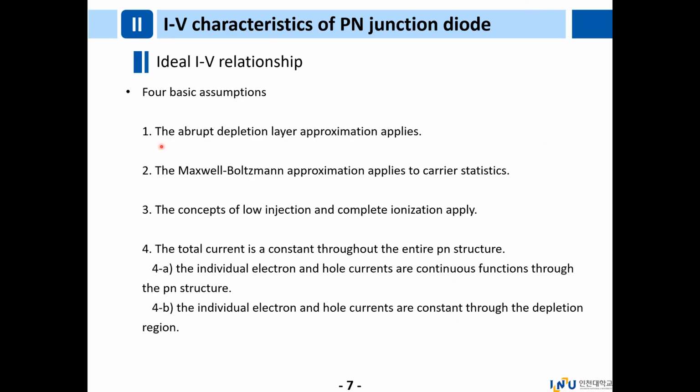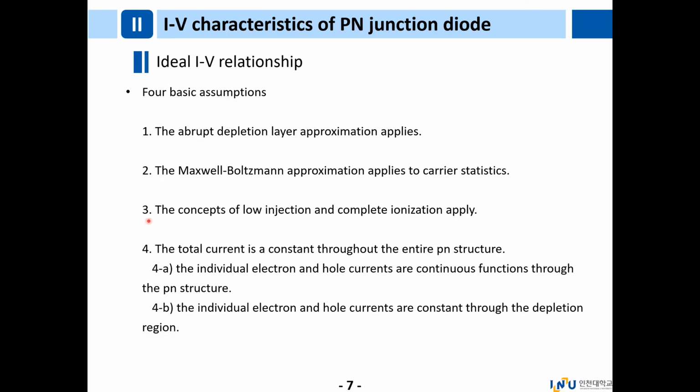First, depletion layer approximation. The depletion layer has a stepped boundary. Outside the depletion layer, the semiconductor is neutral. Second, applying the Maxwell-Boltzmann approximation to the carrier distribution.